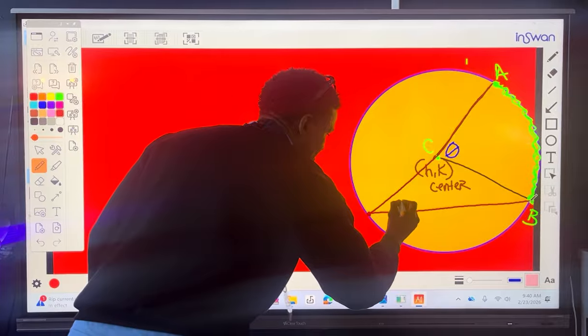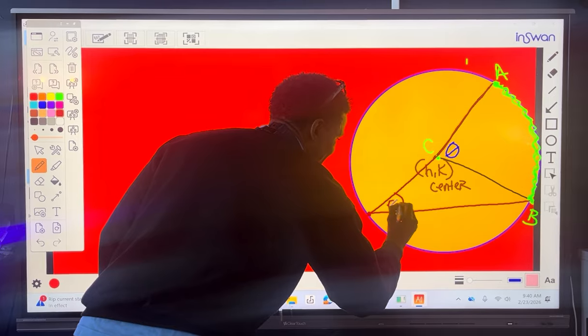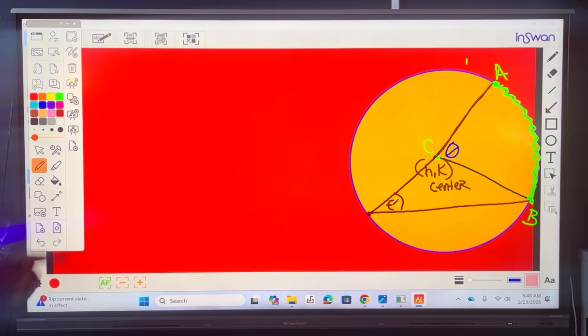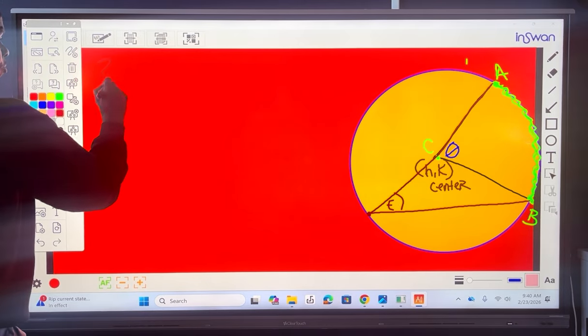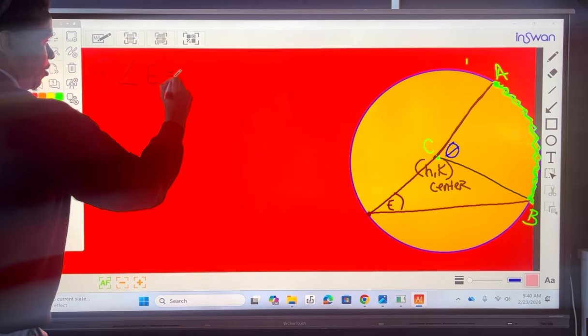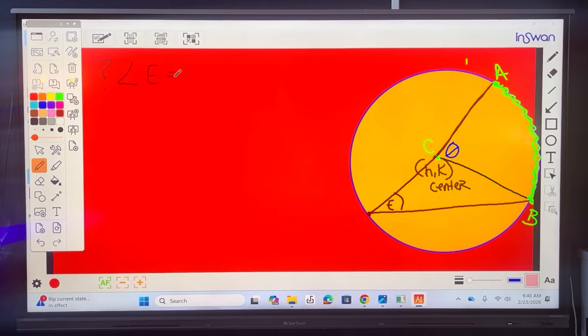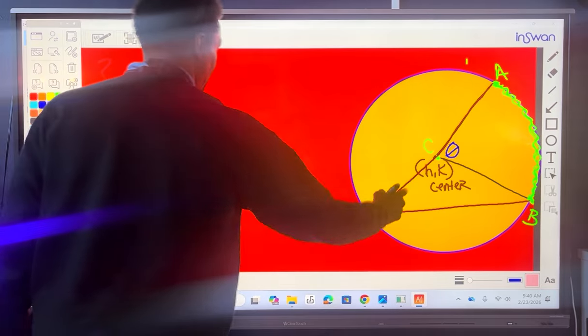I'm going to call this angle E. What's the measurement of angle E? Anybody know how to get that? You don't know yet. You're about to find out.